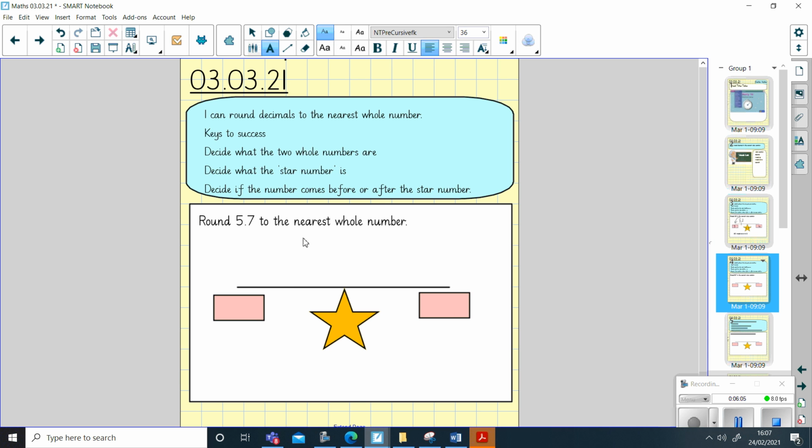Okay, so this time I'm rounding 5.7. So I'm thinking about my whole numbers. My first key to success tells me to decide what the two whole numbers will be. So this one's easy. It's going to be a 5, and then the next number after 5 is 6. So I'm deciding whether it's 5 or 6. Then I need my star number. Remember, it's always going to be 0.5, and in this case it's going to be 5.5. Where will 5.7 come on this number line?